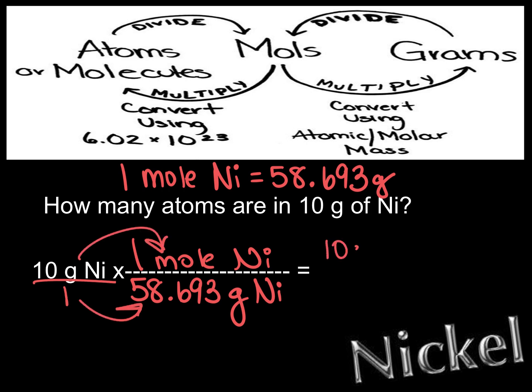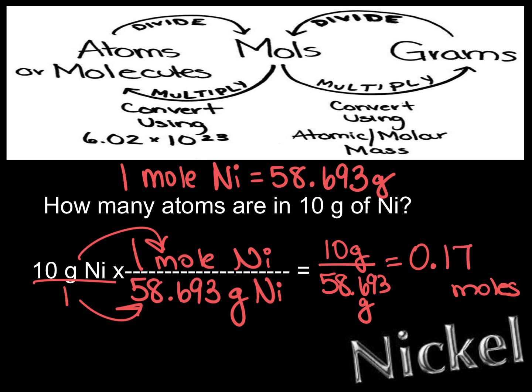So we've got 10 grams divided by 58.693 grams, and that's going to tell us how many moles we have. So when you calculate that out, you should get 0.17 moles. Now, we're going to need that because that means we figured out how many moles, but this question is asking us how many atoms.